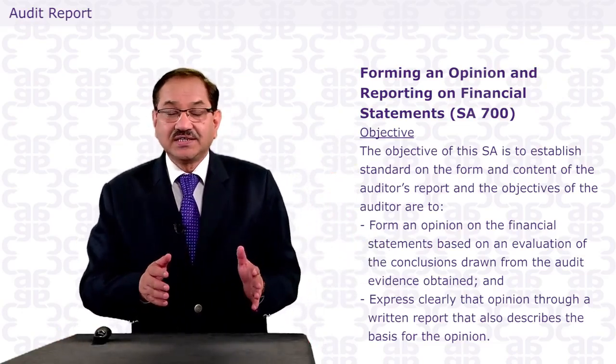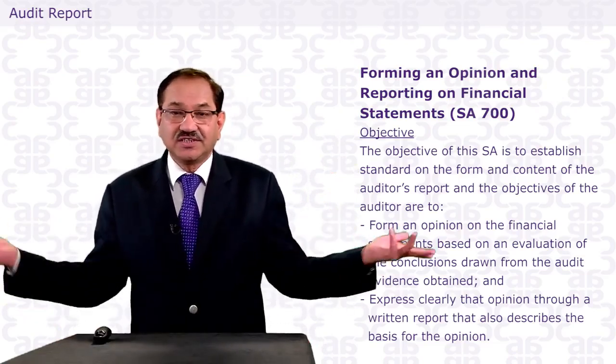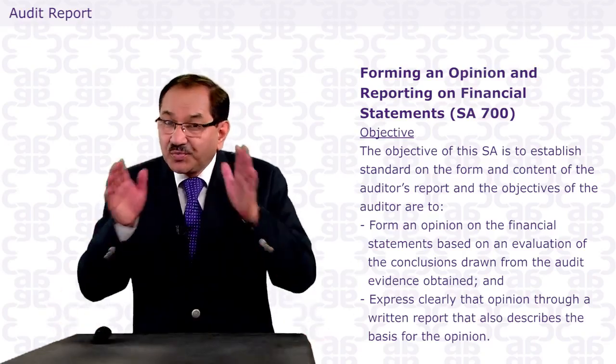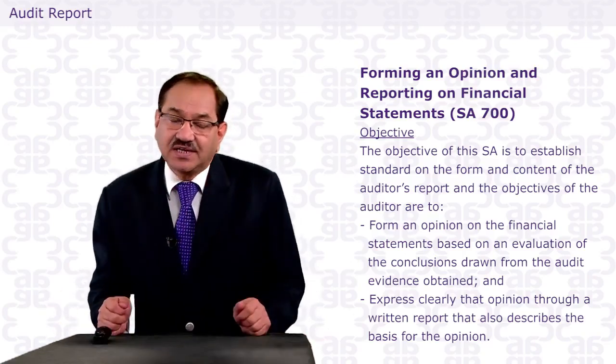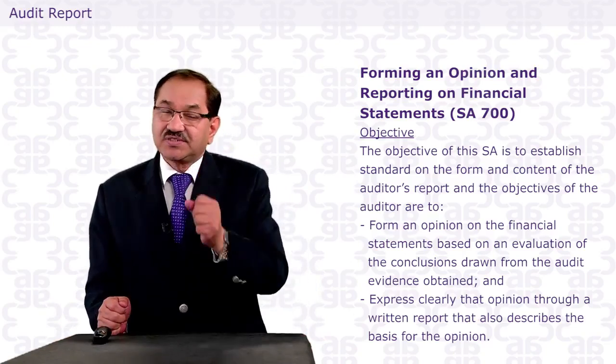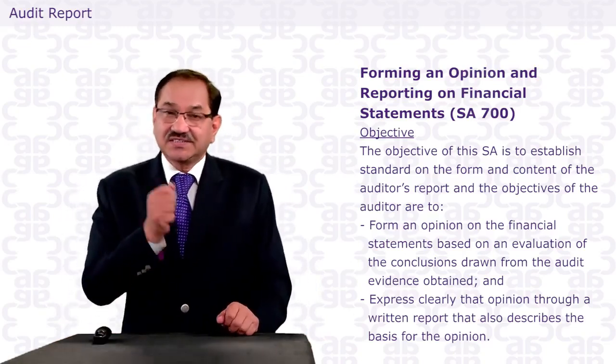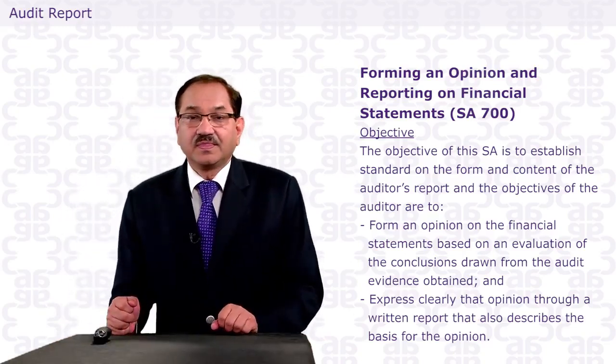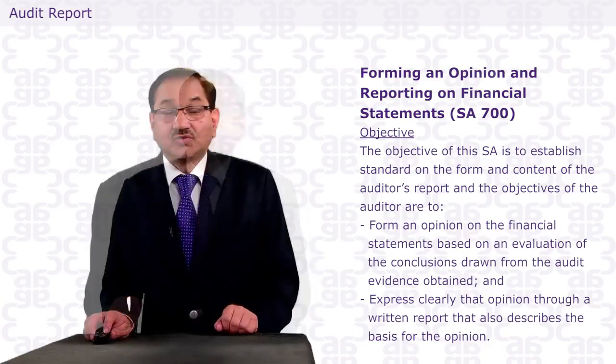It is not that he just saw the books of accounts and then issued his opinion. His opinion is based on the hard work he has done. And that gives more confidence to the users that yes, this opinion is okay, he can rely on it. So that's the objective of the audit report.